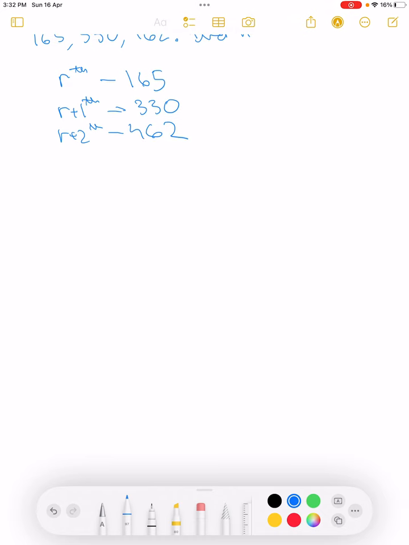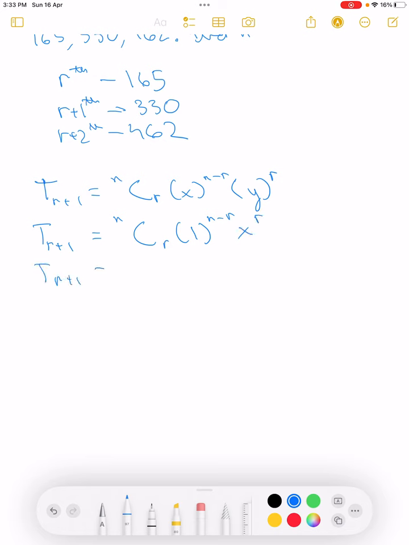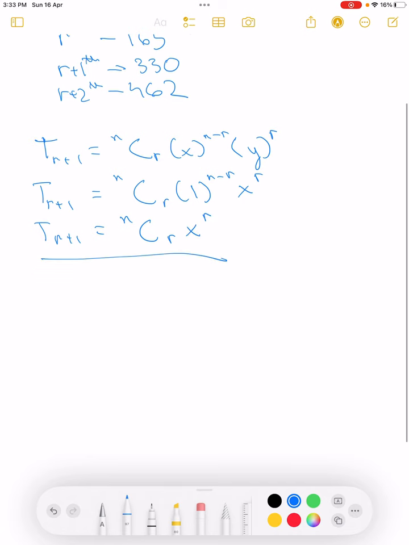For any binomial expression, we know that the general term can be obtained using this expression. In our case, this formula would simplify to this, which further simplifies to: the (r+1)th term is nCr x^r.